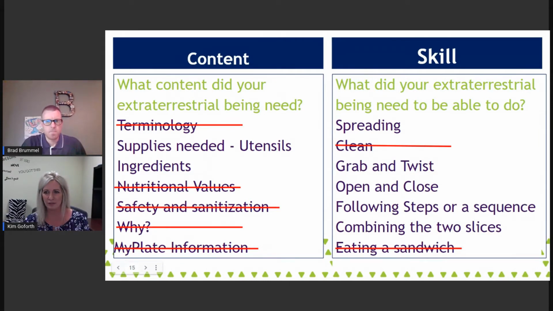We're cutting the fluff. And as I process through and Brad says to me, focus on the objective, I gave a lot of fluff, but I wanted to do my teacher due diligence and share all of my knowledge about making a peanut butter and jelly sandwich. But to cut the fluff, terminology. I think that as a teacher, vocabulary is very important to us, and it's a good way to start the unit, for example.